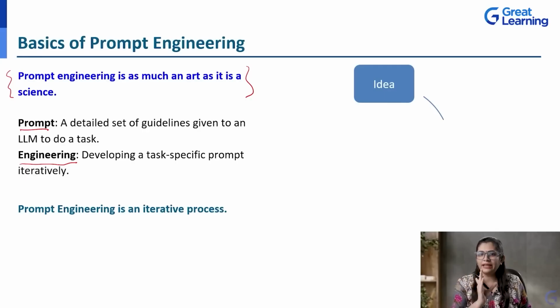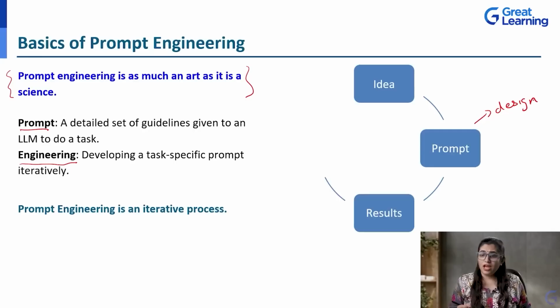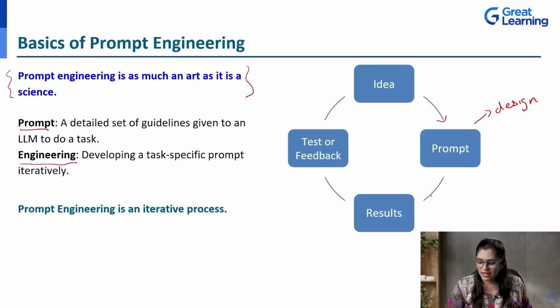First is the idea that comes to you, that you want this. Then you design a prompt. Then there are results, you give that to your model, your ChatGPT, okay? And then you have to test, you have a feedback, right? So basically, it's an iterative process.